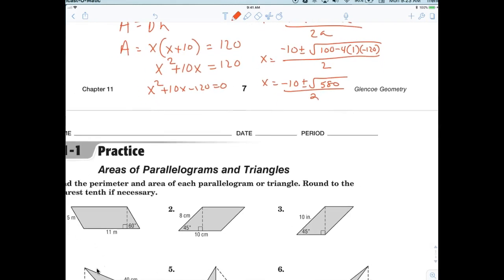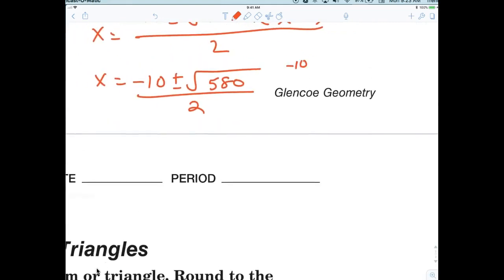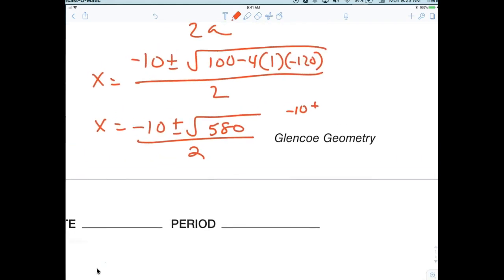So it's now going to be negative 10 plus the square root of 580. Is it 570 or 580? No, it's 580, but I'm saying negative 10 plus the square root of 580.